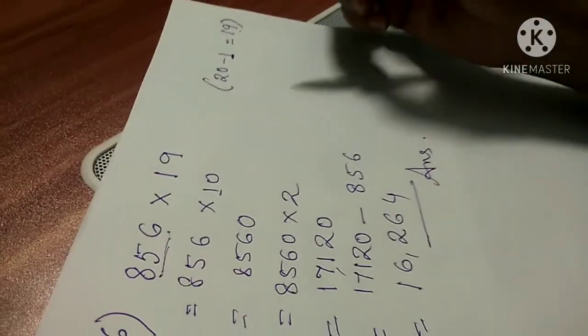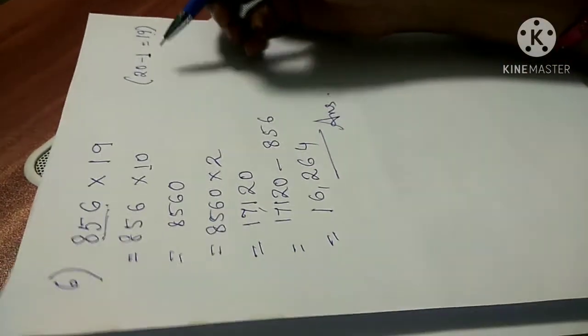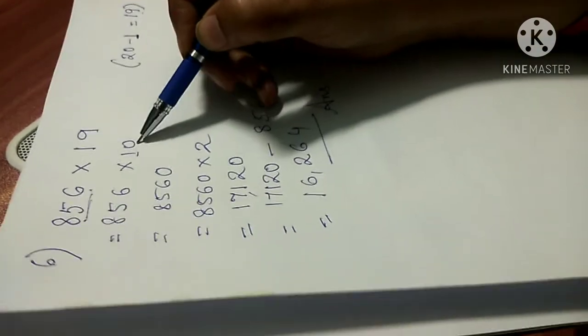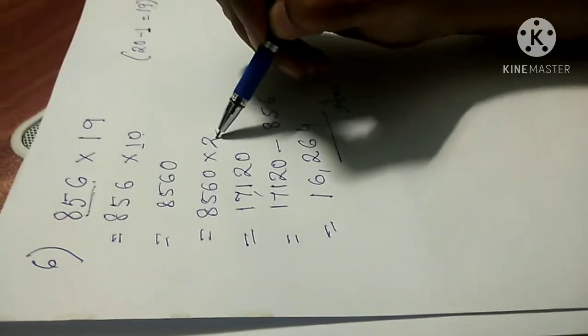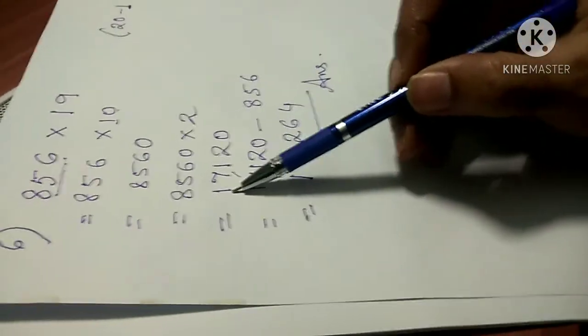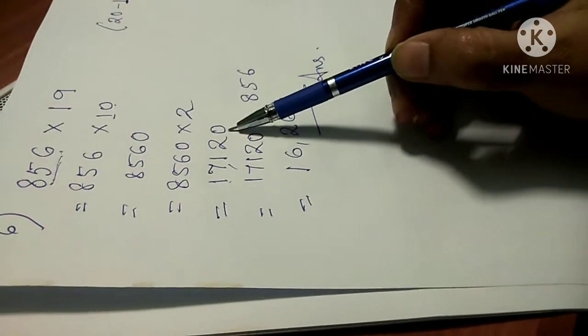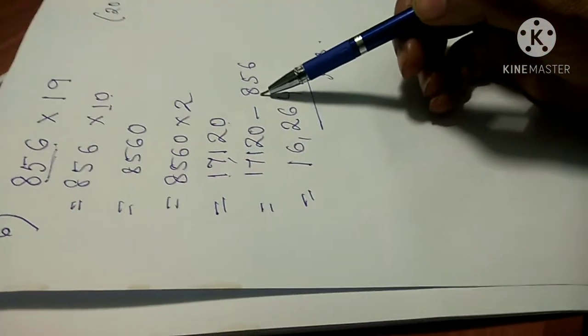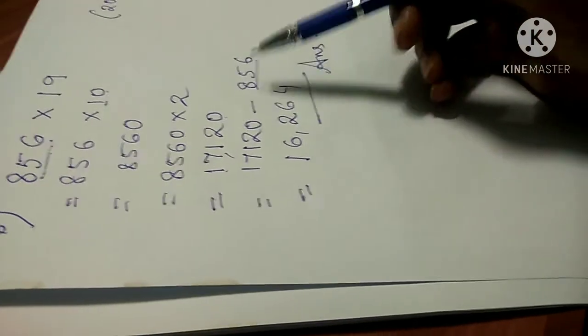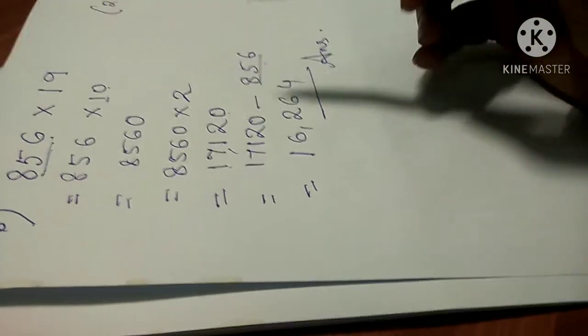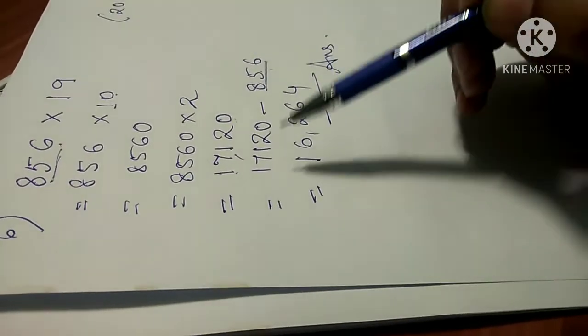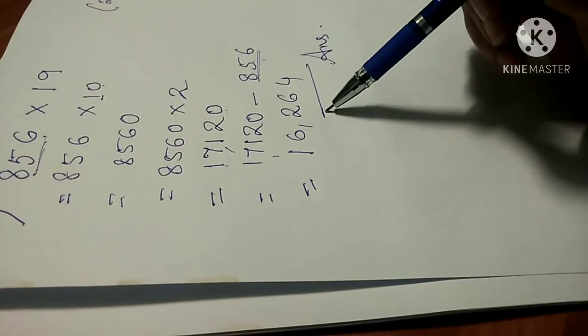First I wanted to multiply by 20. So I multiplied by 10, and then I multiplied the product by 2. Then ultimately I got the product which is multiplied by 20, and then I subtracted the original number, because 20 minus 1 gives us 19. On subtracting the original number from this product, I got the answer.